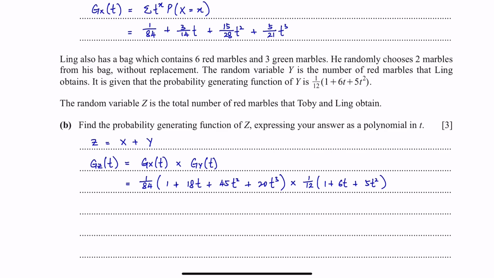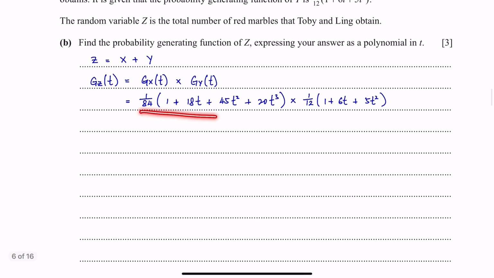So now we just need to multiply these two expressions together. We can multiply the constants and we would get 1 over 1008. And now we times these two brackets together.